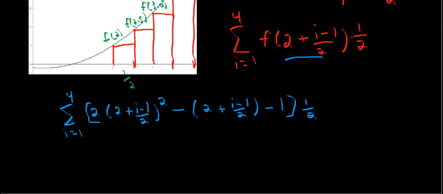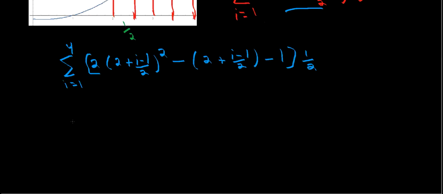Now what we're going to do from here, to make this a little easier, we can simplify the 2 plus I minus 1 over 2 term to make things a little simpler. 2 plus I minus 1 over 2 is equal to 4/2 plus I minus 1 over 2.